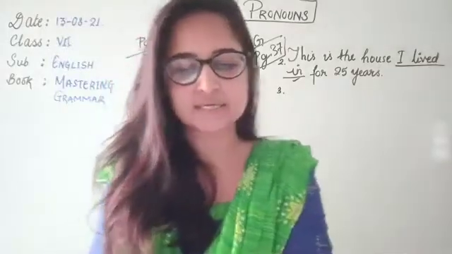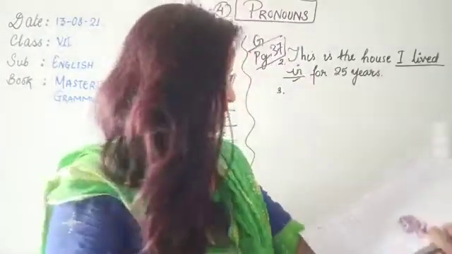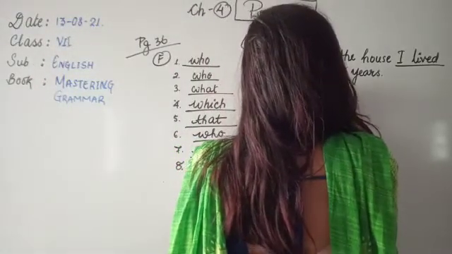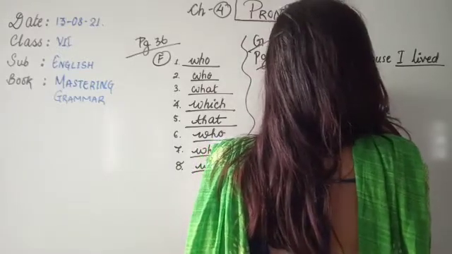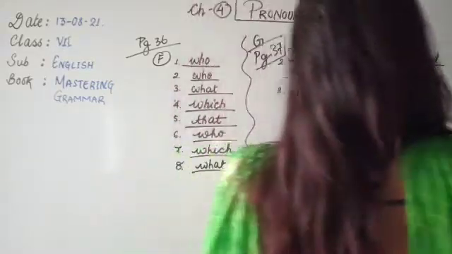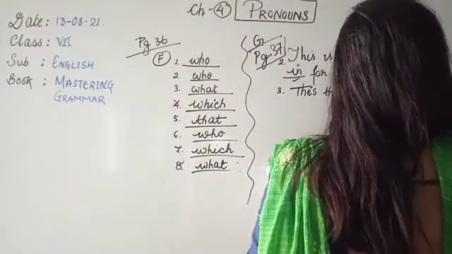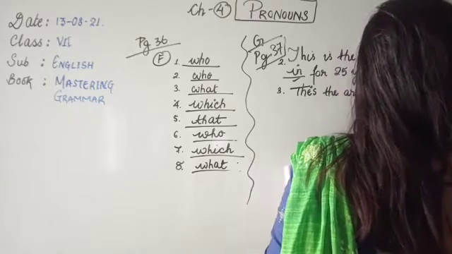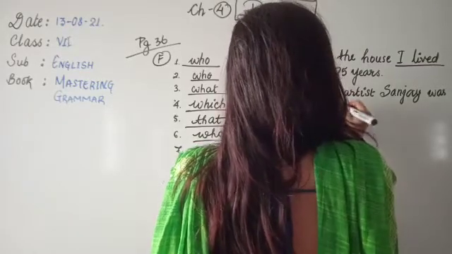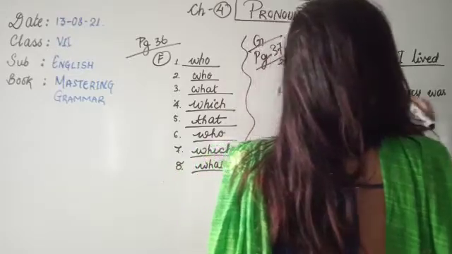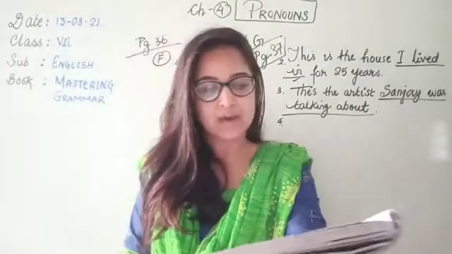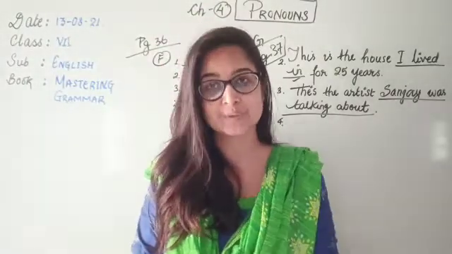Now this is the artist about whom Sanjay was talking. This is the artist Sanjay was talking about. Yes, so Sanjay was talking about. Now number 4, let's move to number 4. I want to visit the house in which Tagore was born.